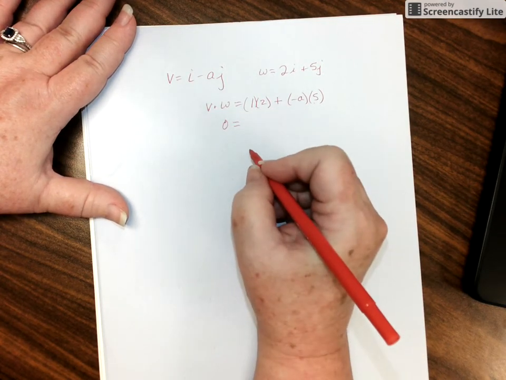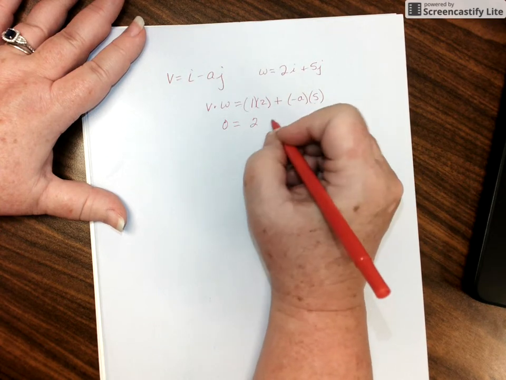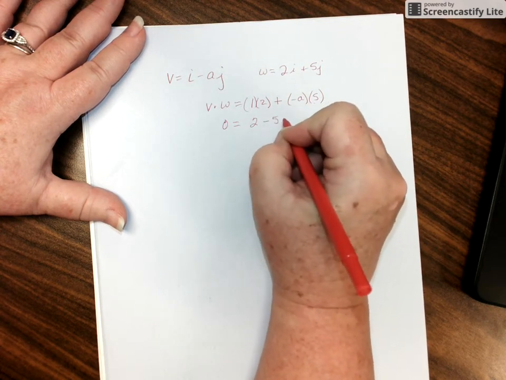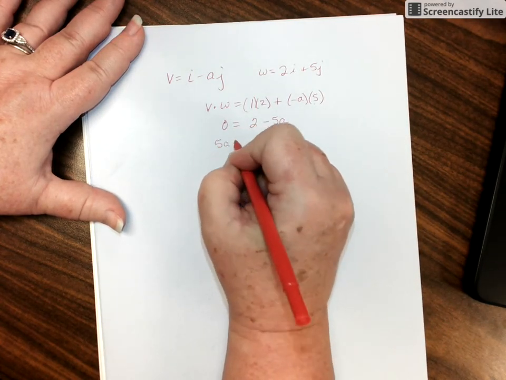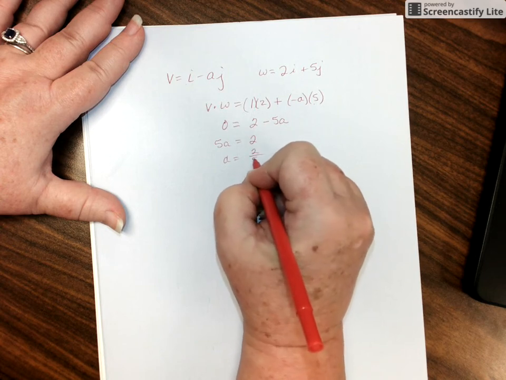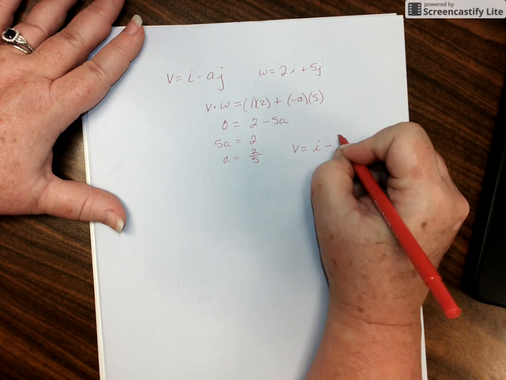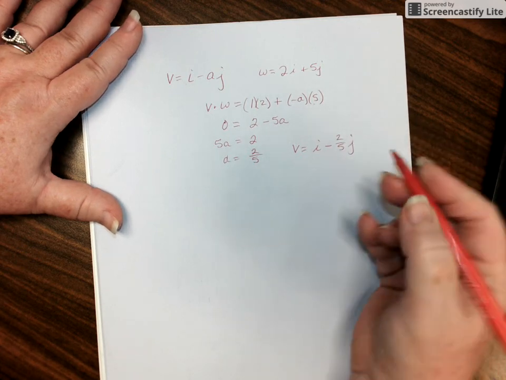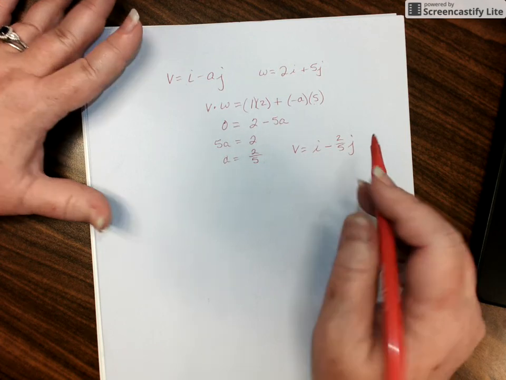So I'm going to replace the dot product there with 0. 1 times 2 is 2. Negative a times 5 is minus 5a. And now I solve for a. By moving the 5a over and then dividing by 5, if a is 2/5, meaning if vector v was i minus 2/5 j, then vector v and vector w would be orthogonal.